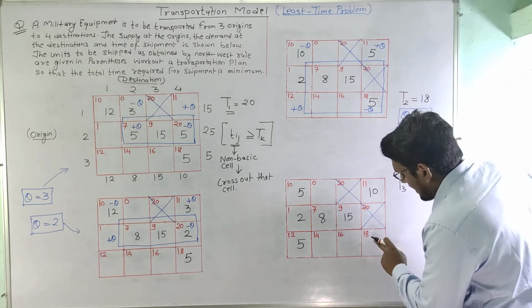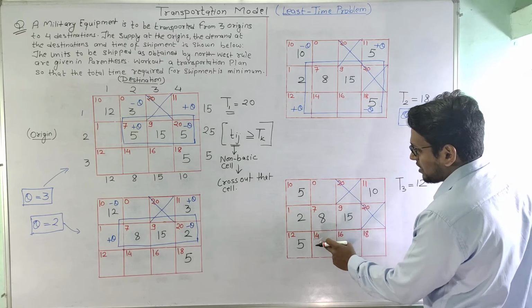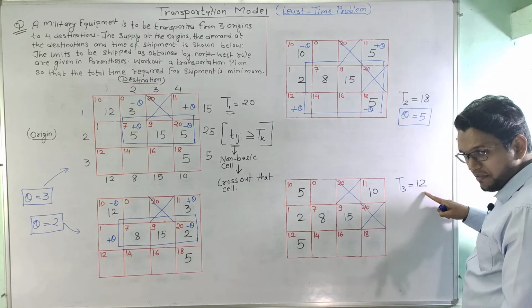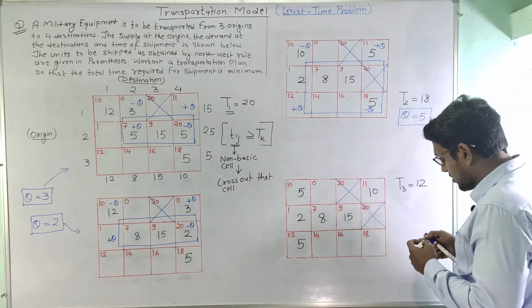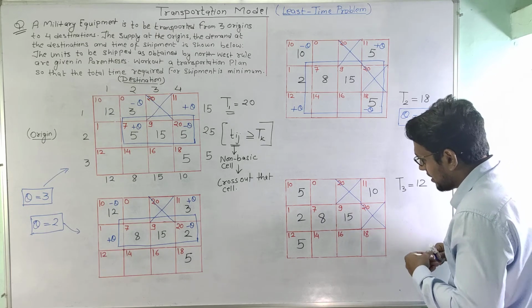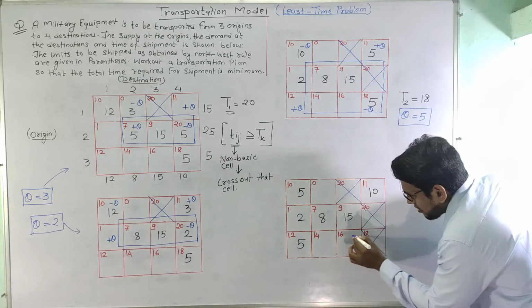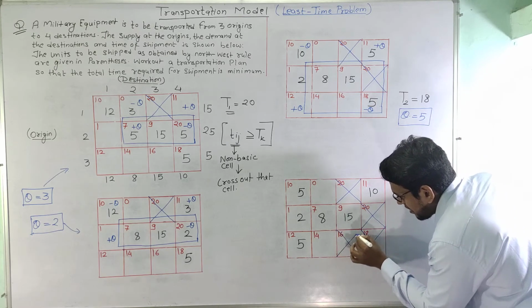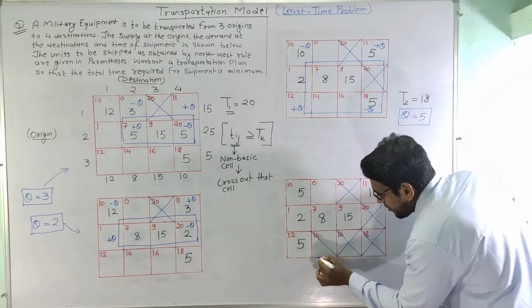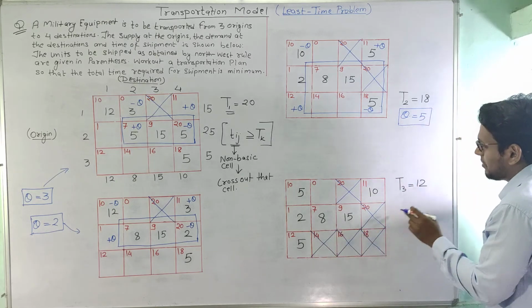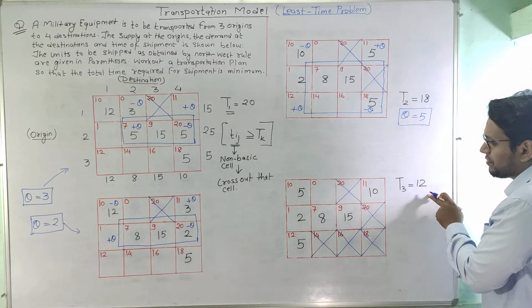So we can see that 18, 16 and 14 all are greater than 12. That means we need to cross out all three of them, because all of them are greater than 12.